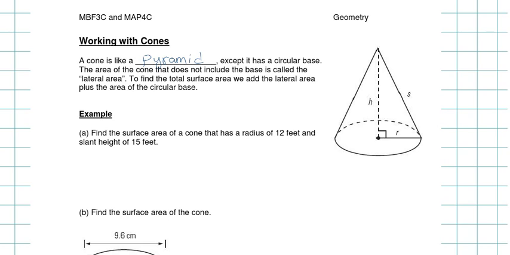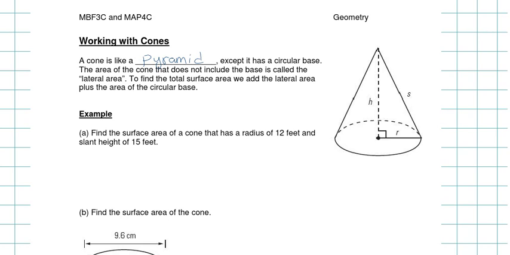It has a circular base, which I need to find the area for, and it has what we call the lateral area. So this is the lateral area of the cone. Now, to find that lateral area of the cone, which is part of a circle, we need to use the formula pi r s, okay?